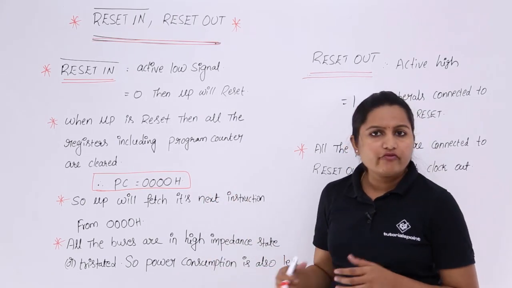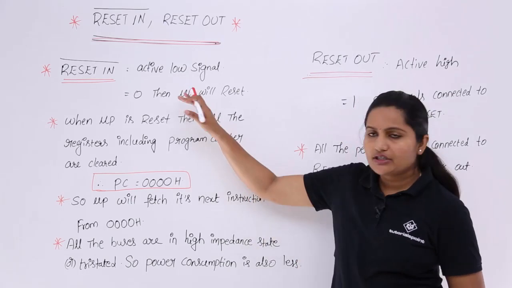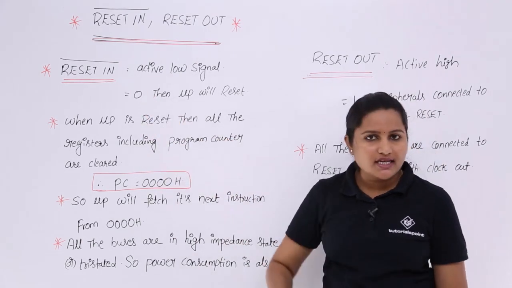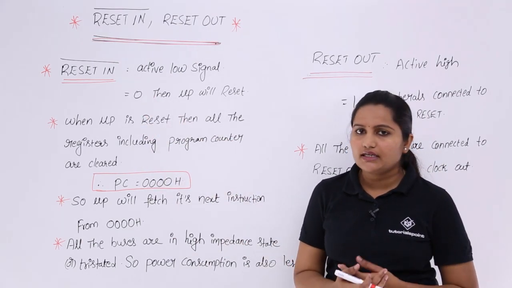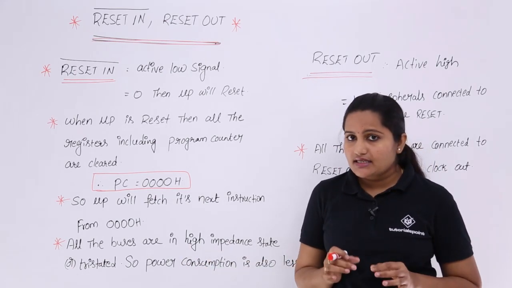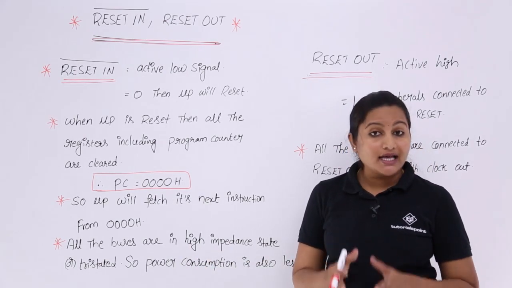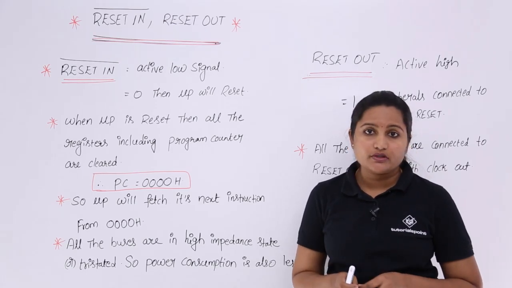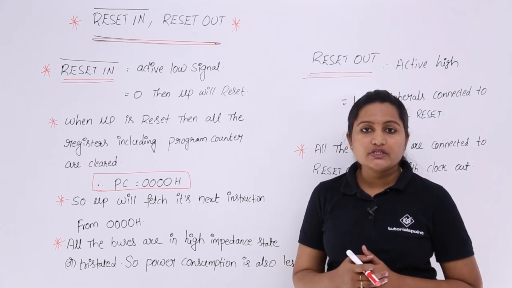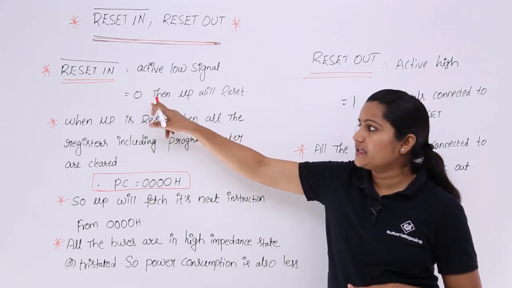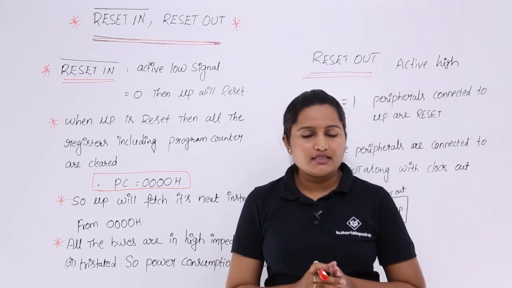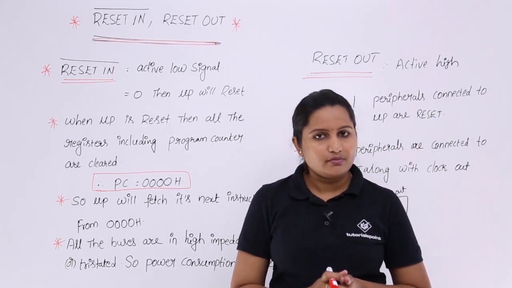And when RESET IN is activated, that means whenever 0 is there, then all the buses are in high impedance mode, that is also a very important point, tri-state or high impedance mode. So, power consumption is less when RESET IN is equivalent to 0. This is about RESET IN and RESET OUT in the 8085 microprocessor.